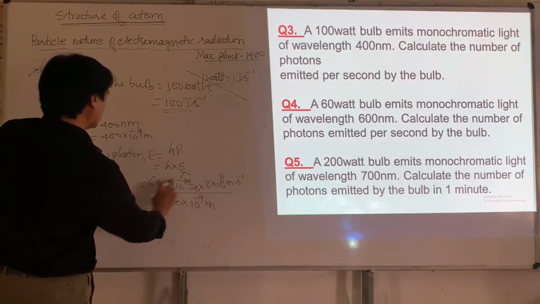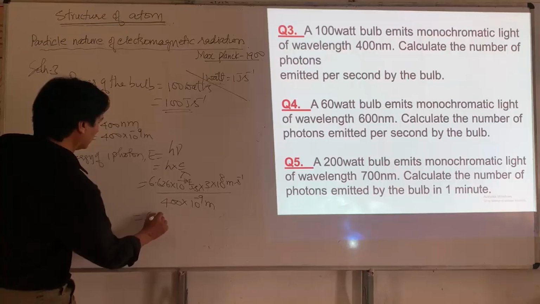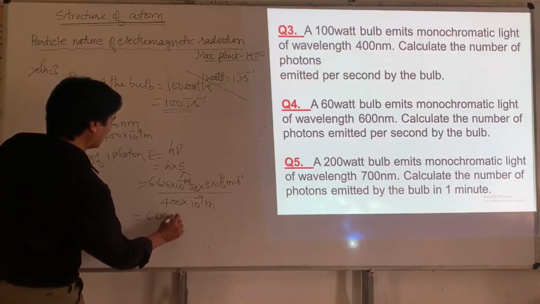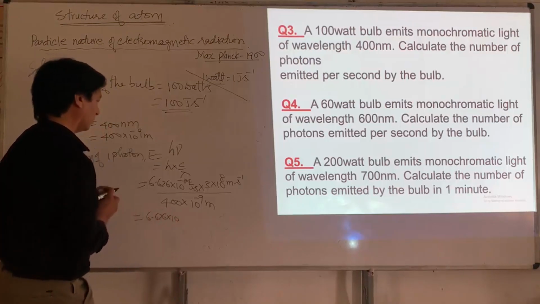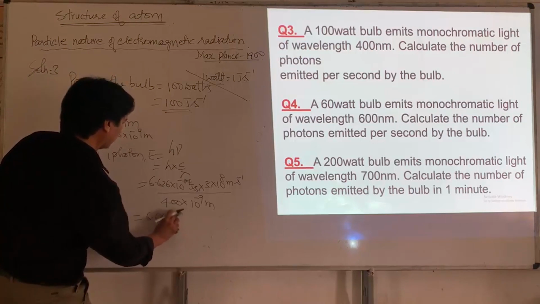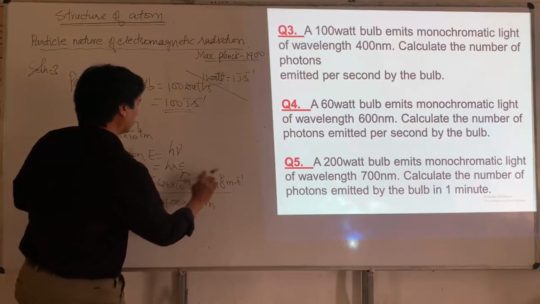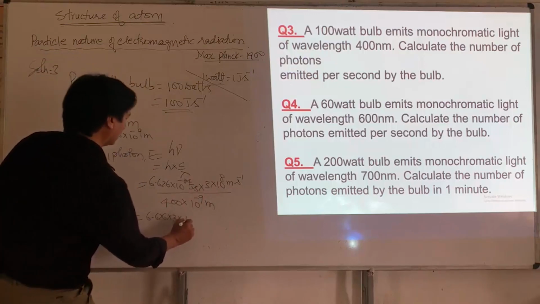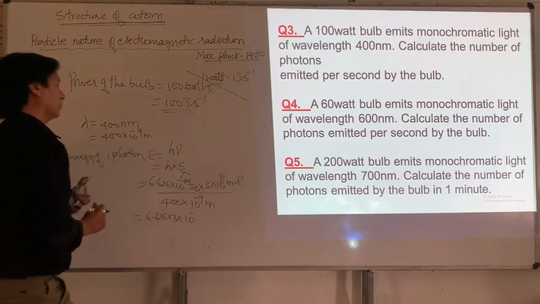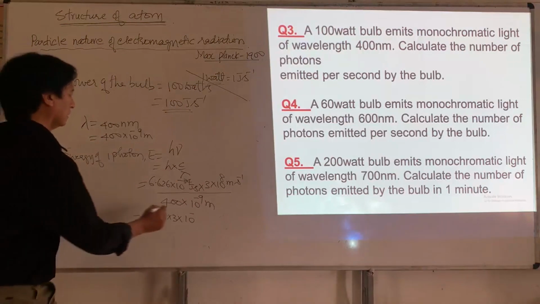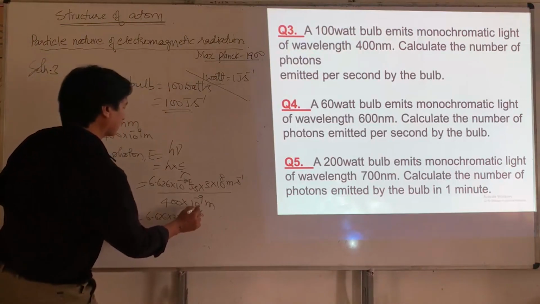So when we simplify this, I get 6.626 into 3 into 10 to the negative 24, and with the 8 it becomes 10 raised to the power negative 26. If I'm not wrong, it's negative 26.